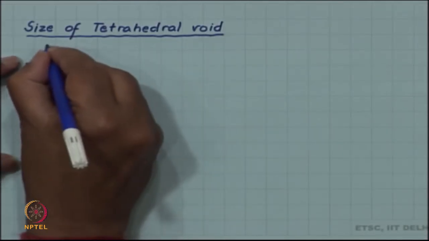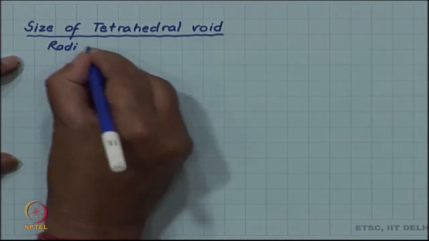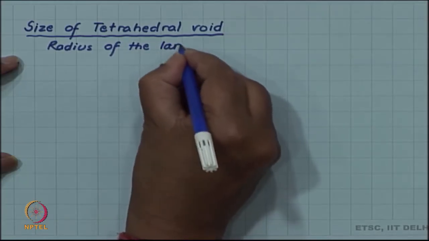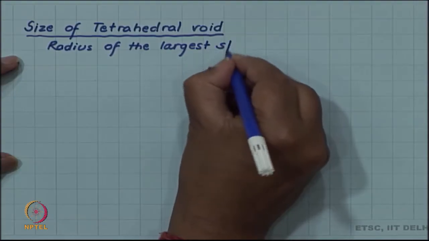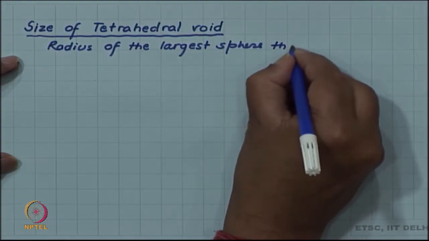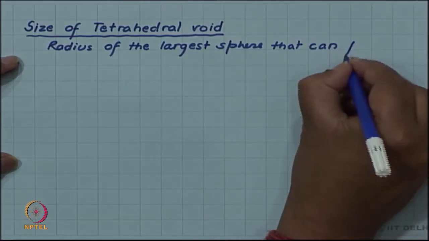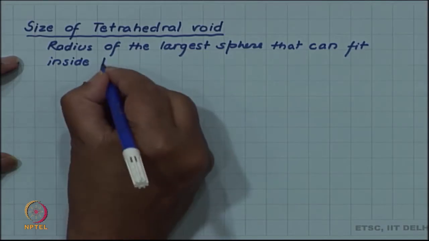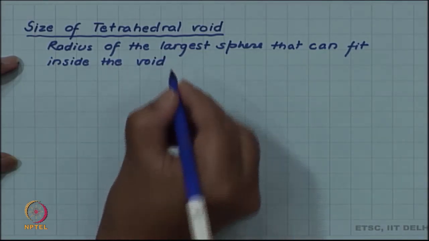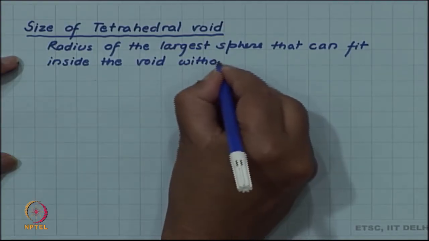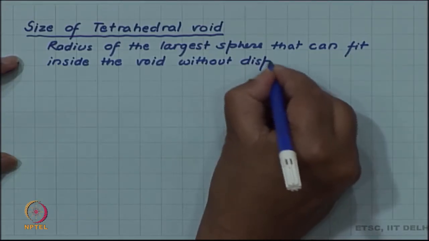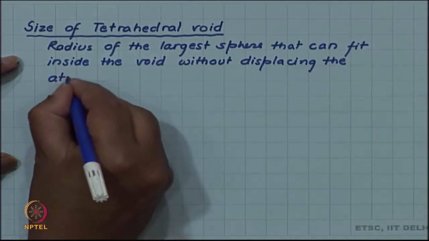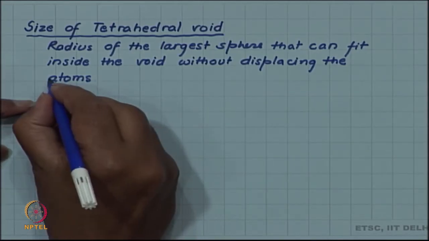By size we mean the radius of the largest sphere that can fit inside the void without displacing atoms or spheres.